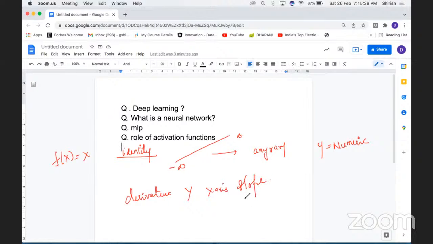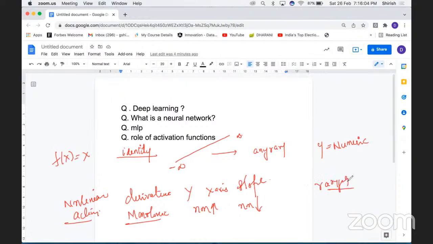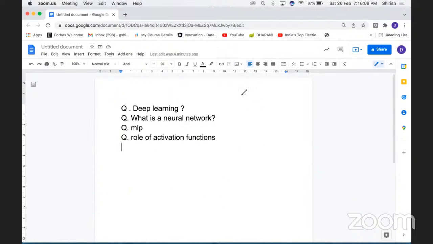A monotonic function is one which is entirely non-increasing or non-decreasing. These nonlinear activation functions are divided based on their ranges. Let us understand at least a few here.